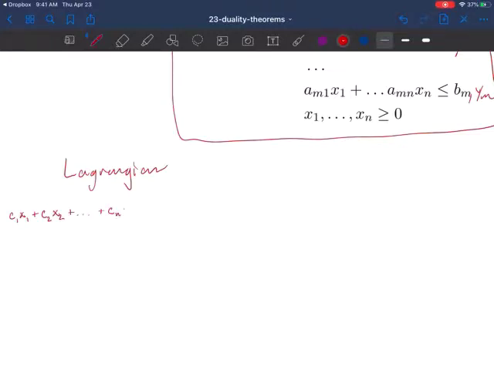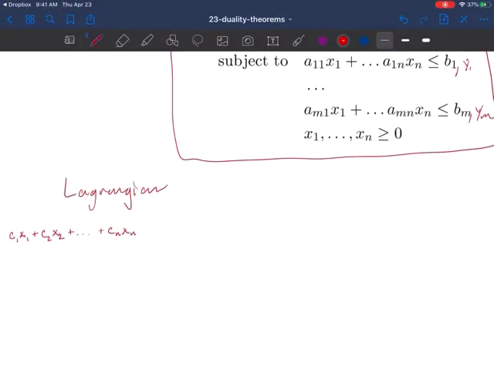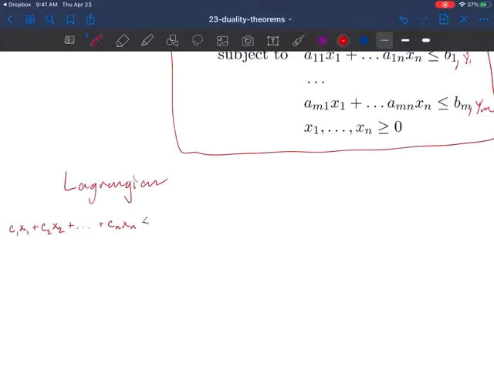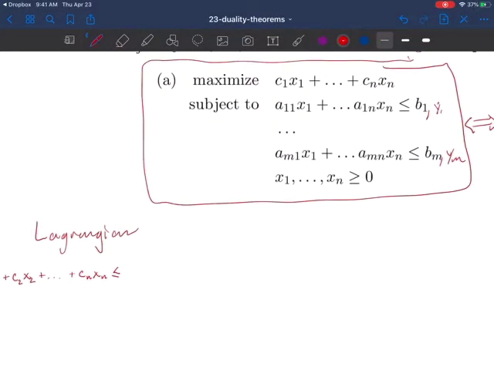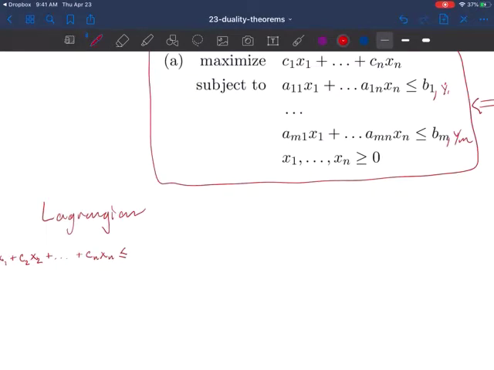Well, we have the objective. And remember, we're maximizing, so what we want is an upper bound. The upper bound is going to use these inequalities multiplied by the dual variables.